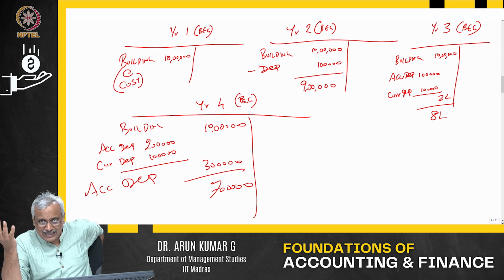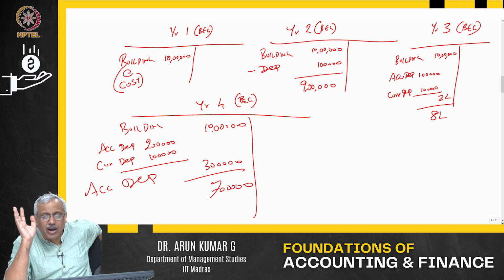I purchased a building at 10 lakhs at cost. After 5 years, what is the accumulated depreciation from the day I bought till the 5th year? The depreciation on that asset is 4 lakhs. So, 4 lakhs is gone, 6 lakhs is the value, what is called the net block of the asset.